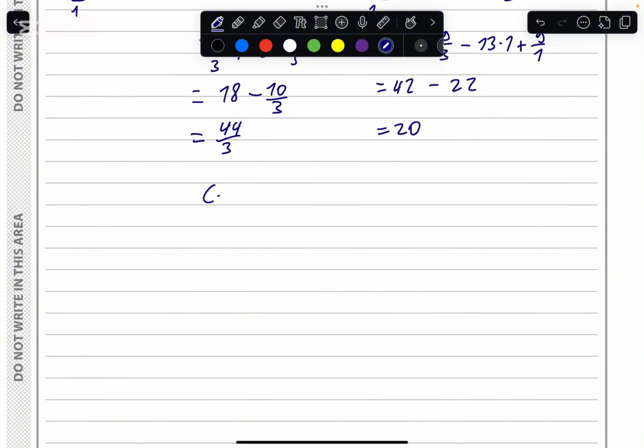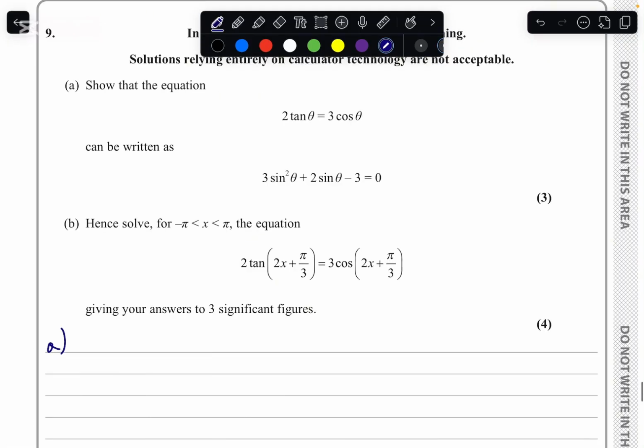So we do C2 minus C1. This will give us the area of R. So 20 minus 44 over 3 gives us 16 over 3.